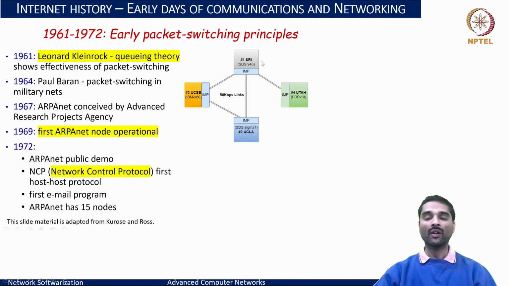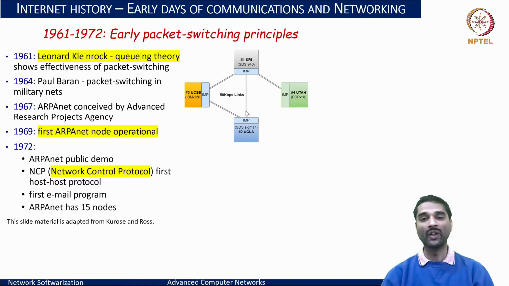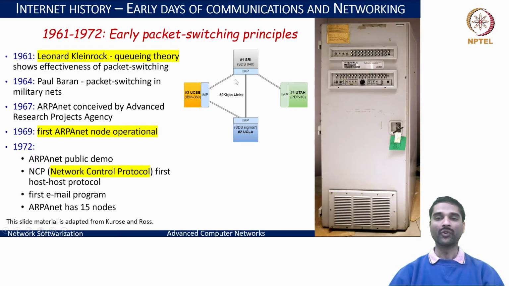And the backbone connections were made using 50 kilobits per second links laid down by AT&T, which is nowhere near today's networks of more than 1 gigabit to several gigabits per second links. Interestingly, you would also see a processor called the Interface Message Processor, which was exactly what we call today the network gateways or the routers.